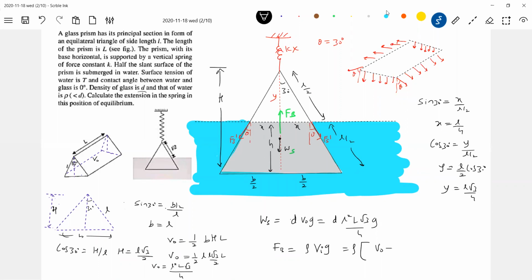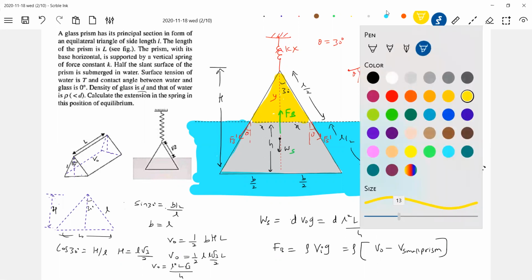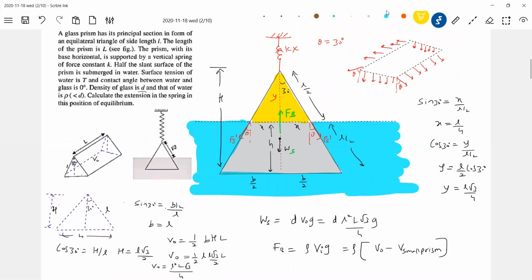What is the volume of the smaller prism? This white color, or I'll put some yellow color. Now you can see this. Can you calculate the volume of that yellow color?